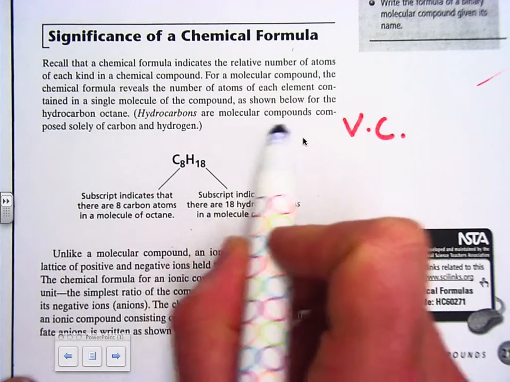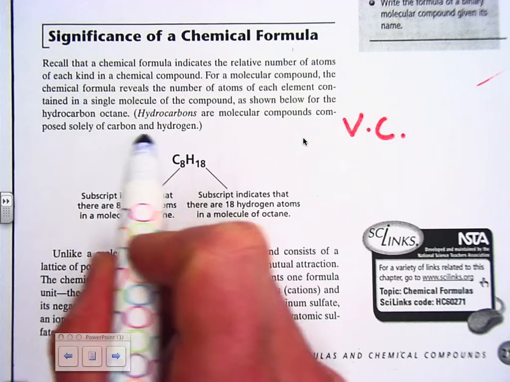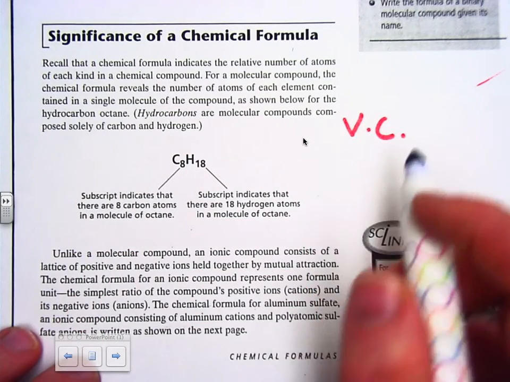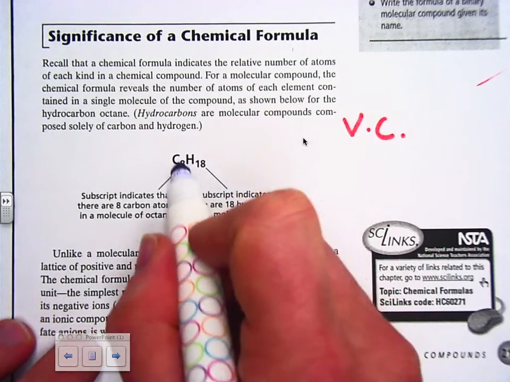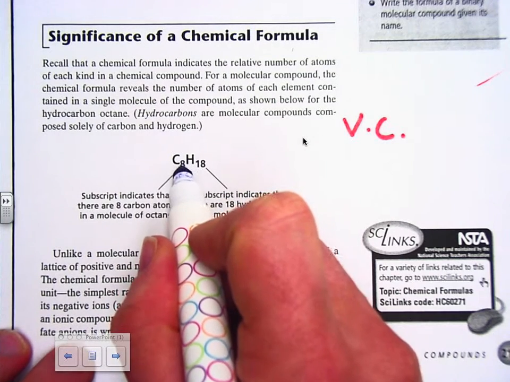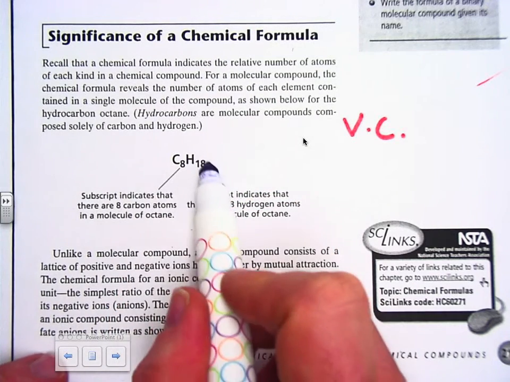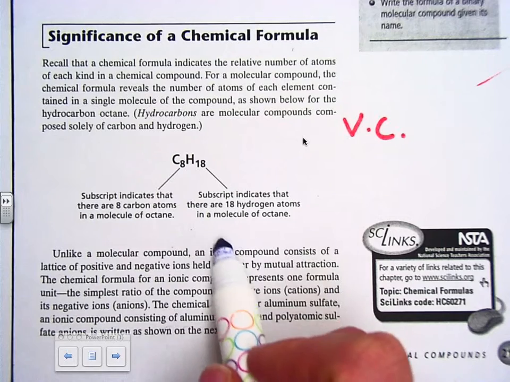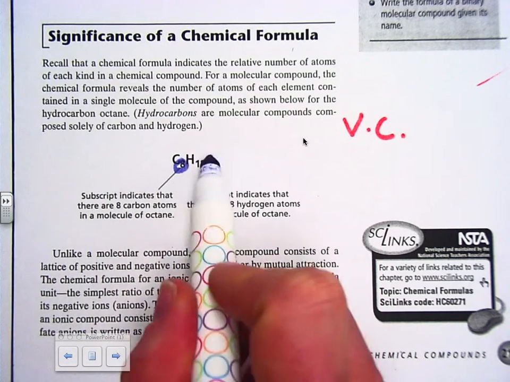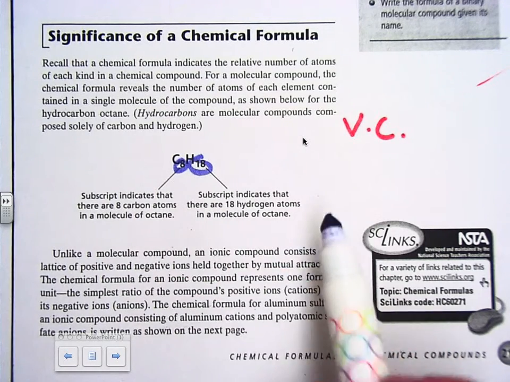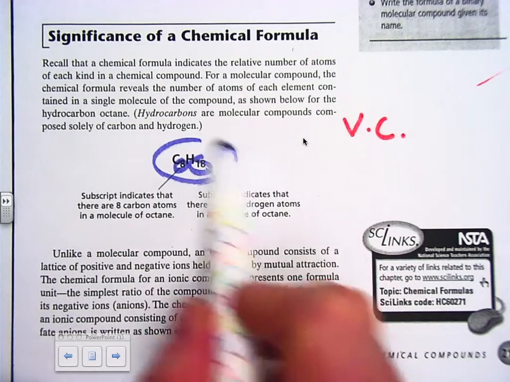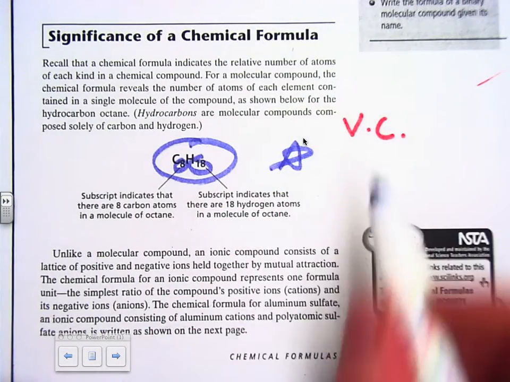Hydrocarbons are molecular compounds composed solely of carbon and hydrogen. Okay, so basically what this means is that there are 8 carbons and 18 hydrogens in this molecule. That's what these numbers represent. That sounds like a good quiz question. What do the subscripts represent?